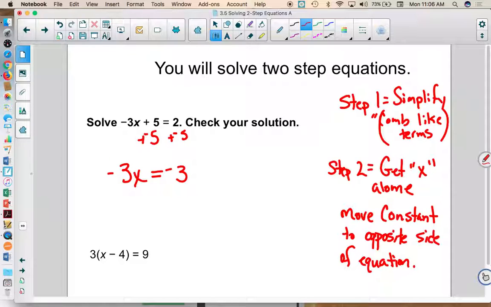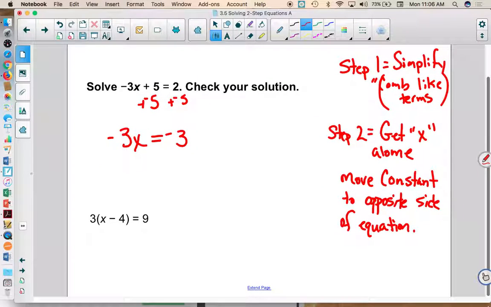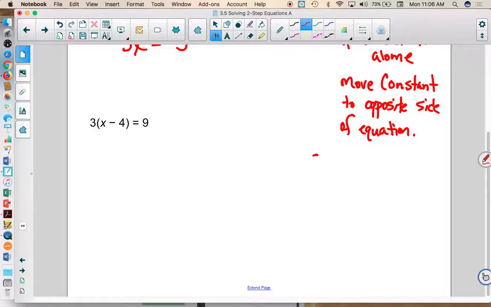Okay, negative 3x equals negative 3. Then, for step 3, that's where I'm going to get my x alone.